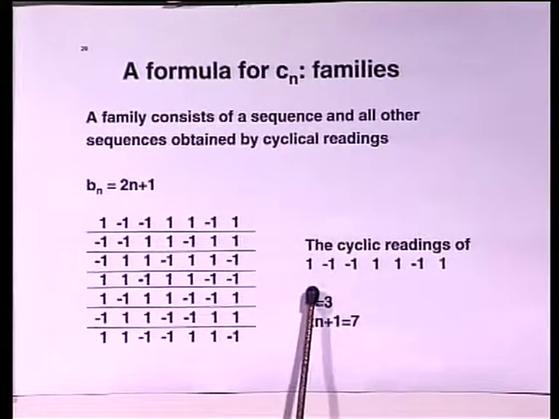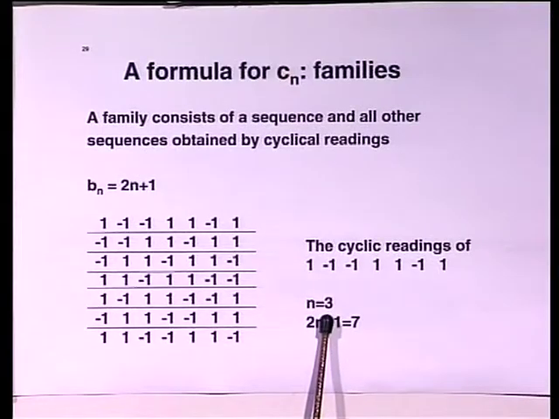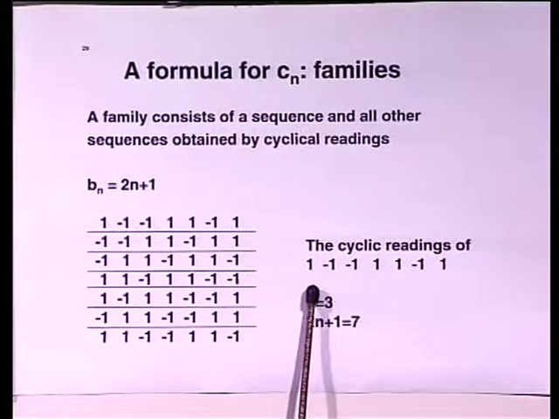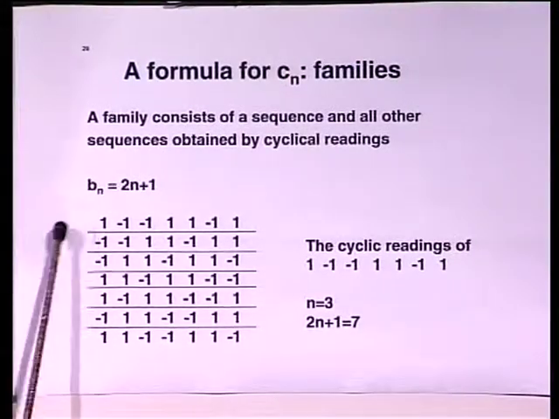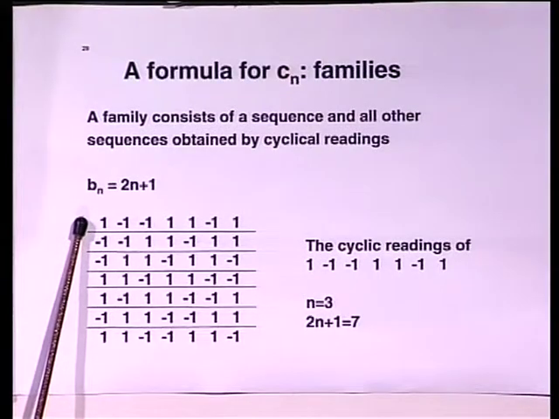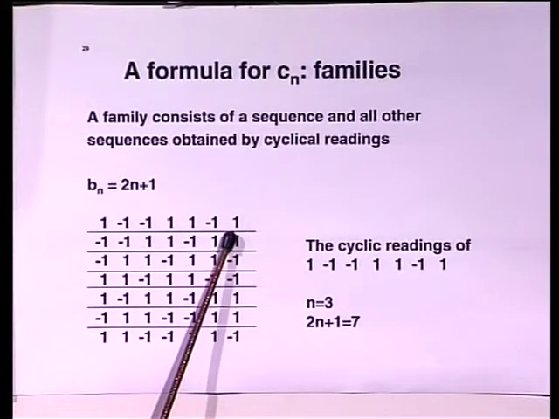Here's what I mean. Here's a sequence of 3 minus 1s and 4 plus 1s, of 7 symbols in all, and the different ways of reading it cyclically occur here. So here's the original sequence: 1, minus 1, minus 1, 1, 1, minus 1, 1.